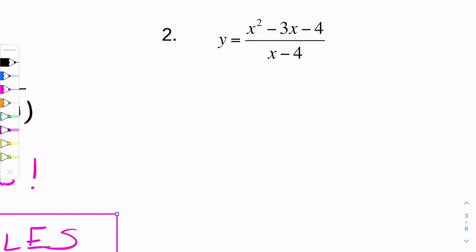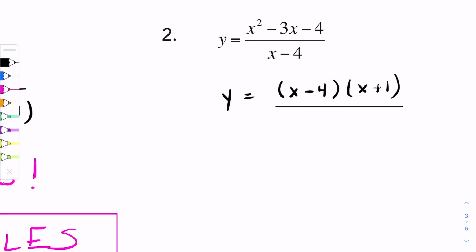Number two is x squared minus 3x minus 4 divided by x minus 4. When I factor my numerator, I factor this to x minus 4 times x plus 1. This is because negative 4 times 1 multiplies to negative 4, and negative 4 plus 1 adds to negative 3. This is divided by x minus 4.